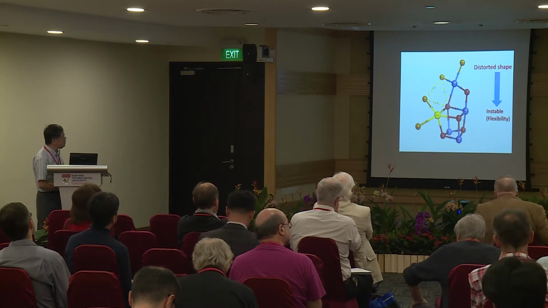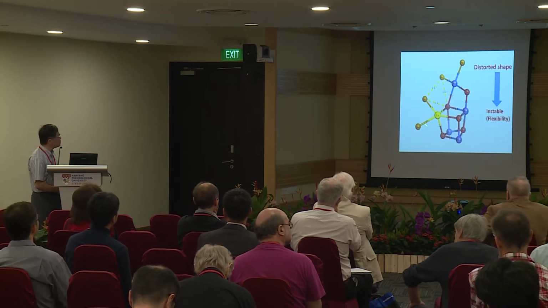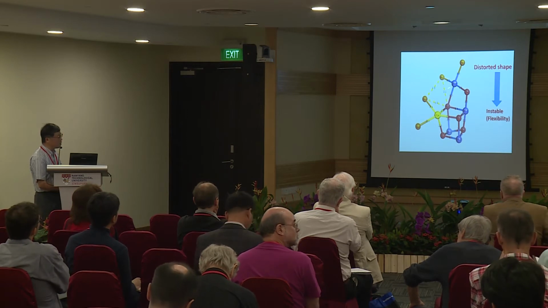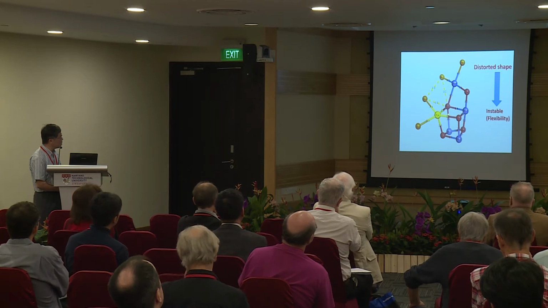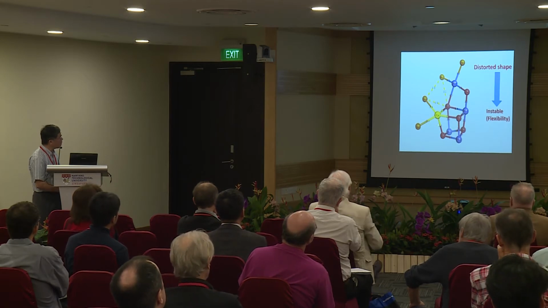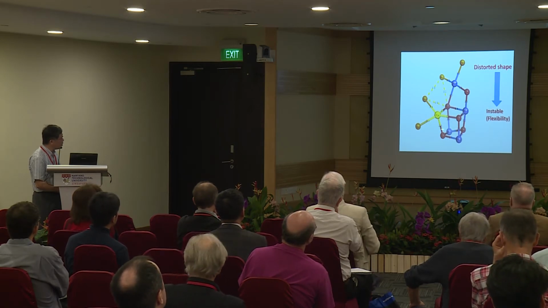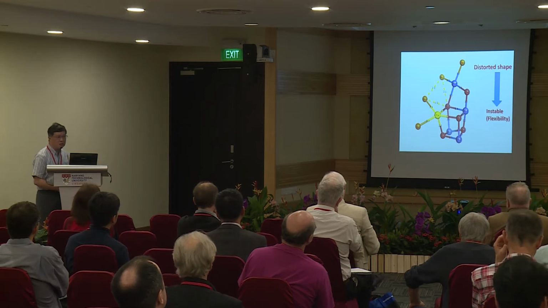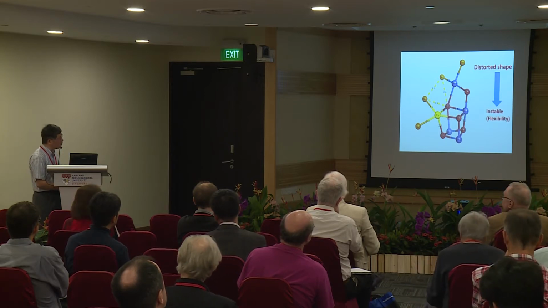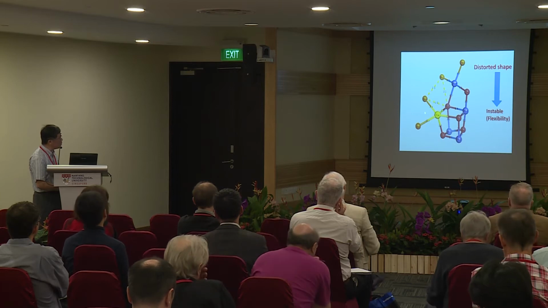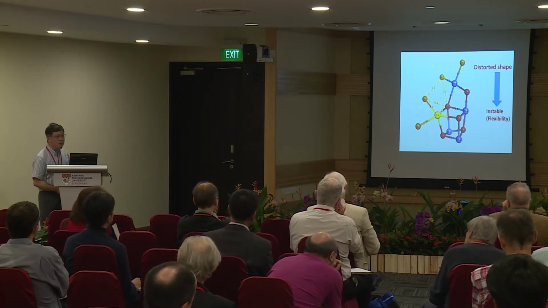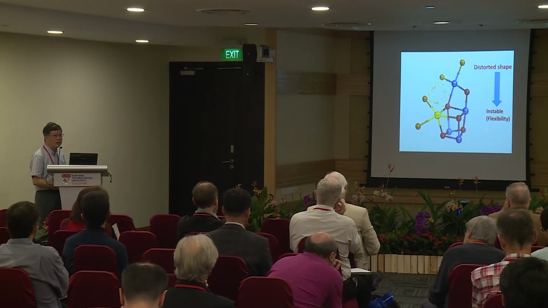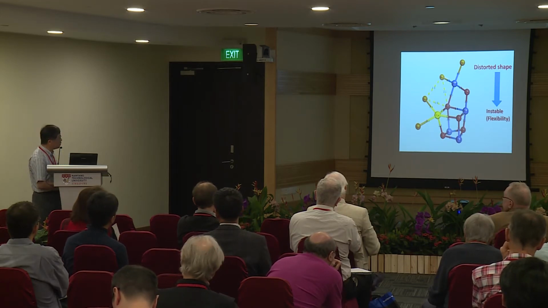If we remove all the amino acid residues and just look at the structure of this metal cluster, you can see it looks like a distorted chair form. And this kind of distortion suggests that this structure may be somewhat unstable. And we think this is one of the most significant features for this structure to be able to undergo structure changes easily, because it is distorted.